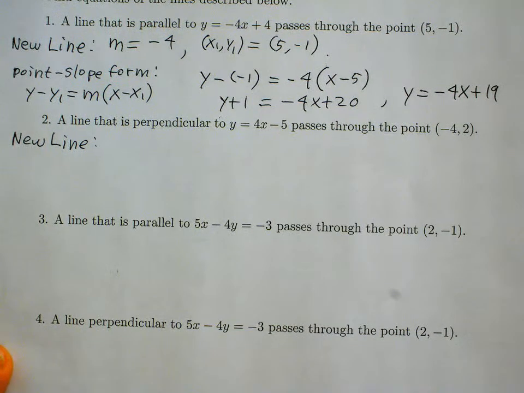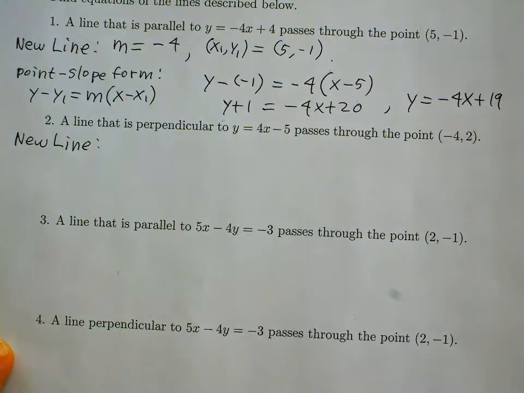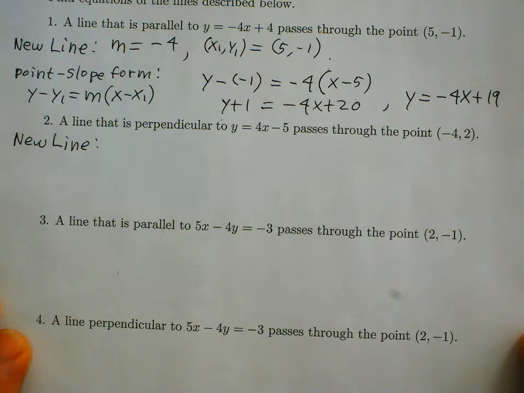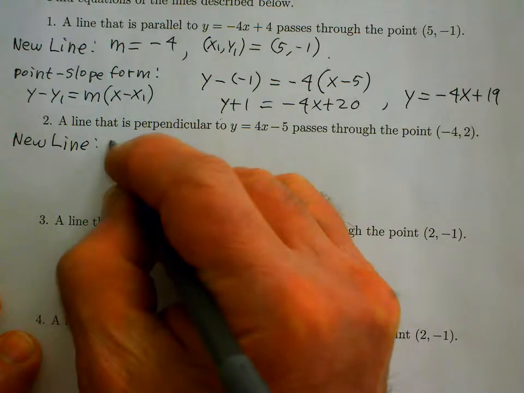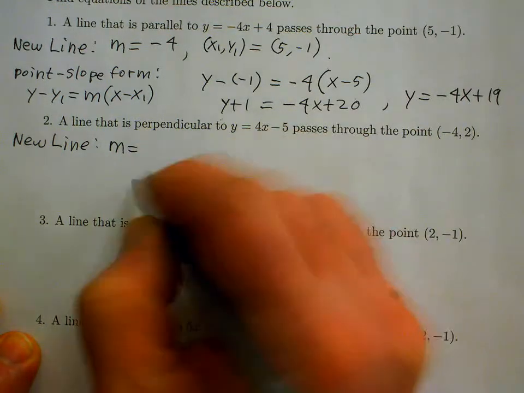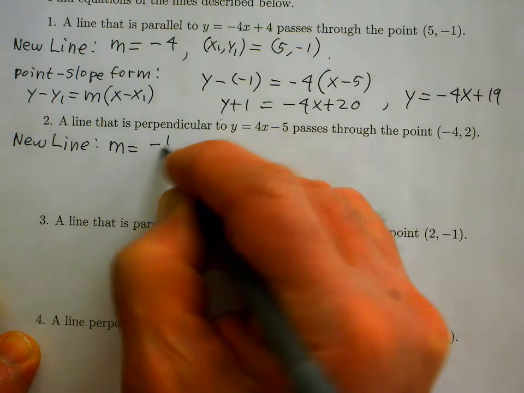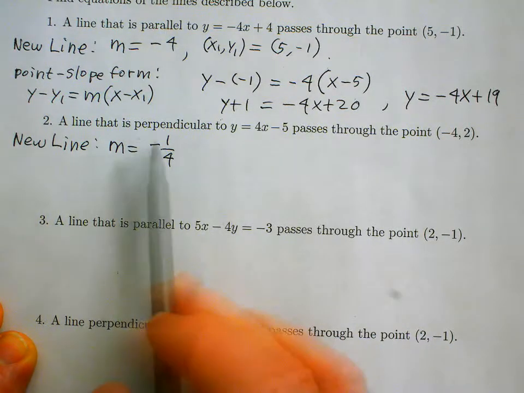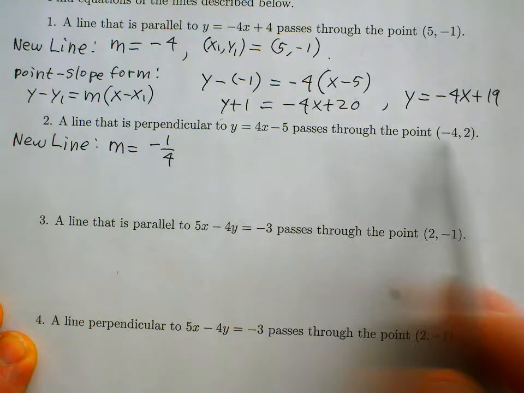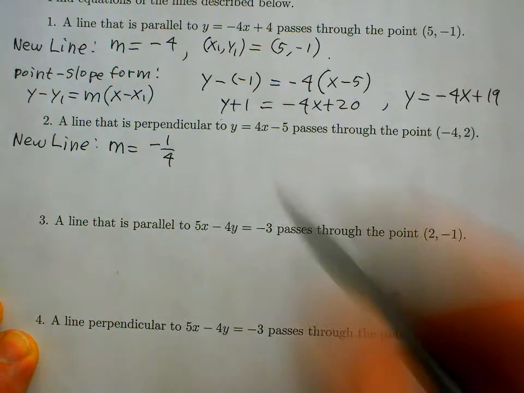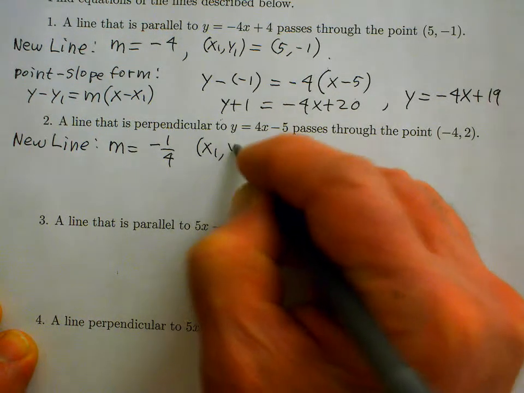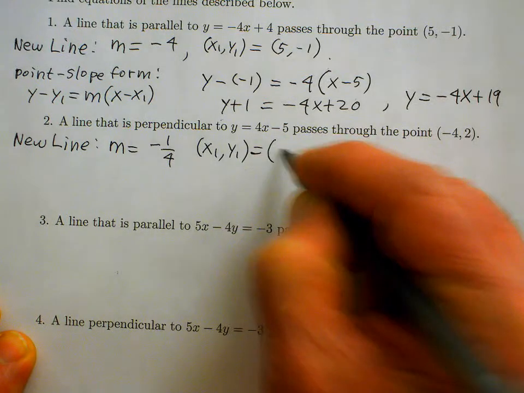So the reciprocal of 4 over 1 is 1 over 4. And that means the negative reciprocal is -1/4. So the new line has a slope equal to -1/4. And this line that's perpendicular to the given line passes through the point -4, 2. So we have all the information we need to find an equation for that line.